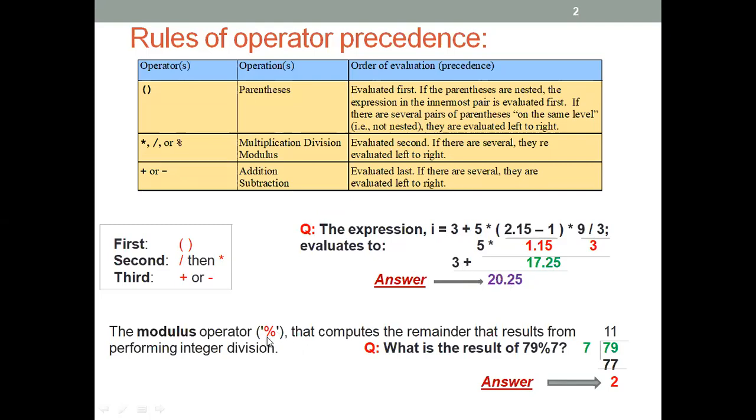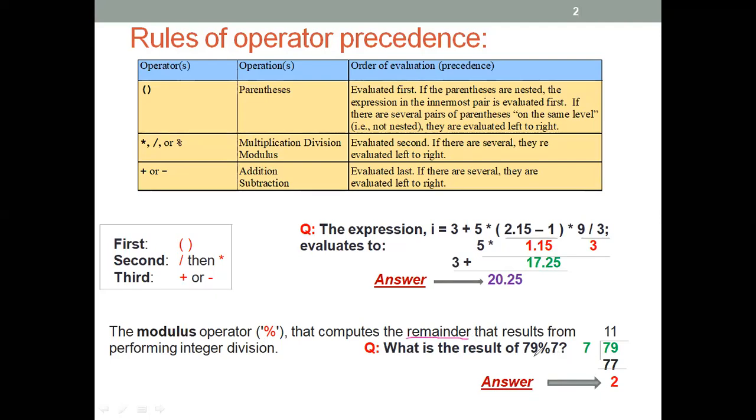The next one is that you have to know about this. This is called modulus. This sign is like a percentage. This is a modulus, and the answer is the remainder, R-E-M-A-I-N-D-E-R. Here, you have to take the remainder.